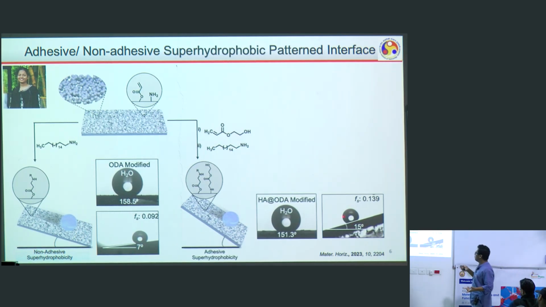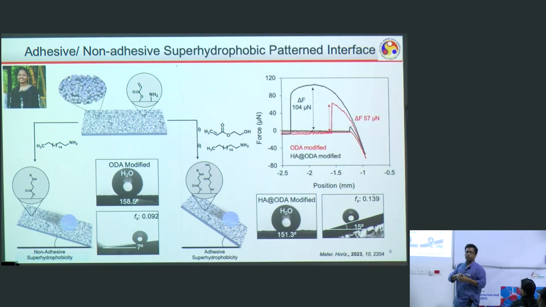But now, to roll the beaded water droplet, you need to tilt the interface almost twice as much, a 15-degree angle. And the fraction of contact area has also increased. Even if you measure the force of adhesion between the solid surface and liquid, that is almost twofold, depending on whether you have monofunctionalization or dual functionalization.